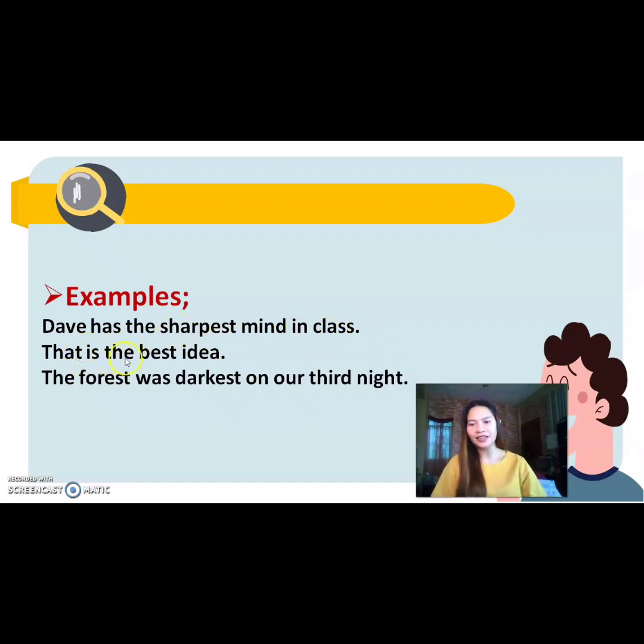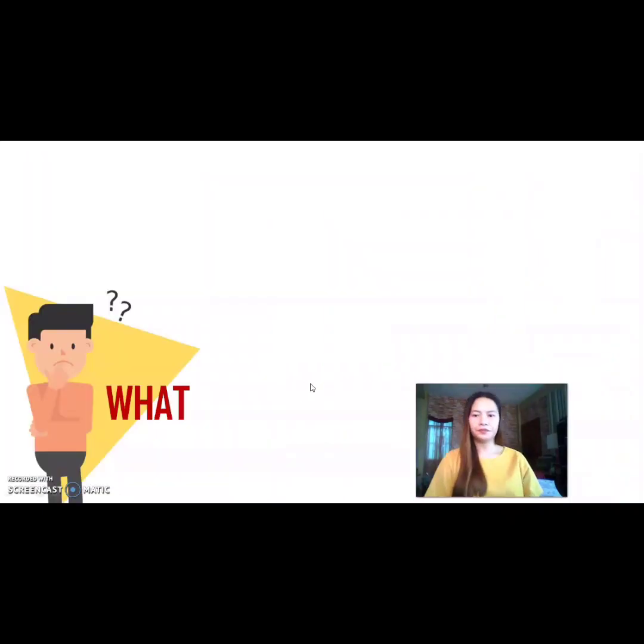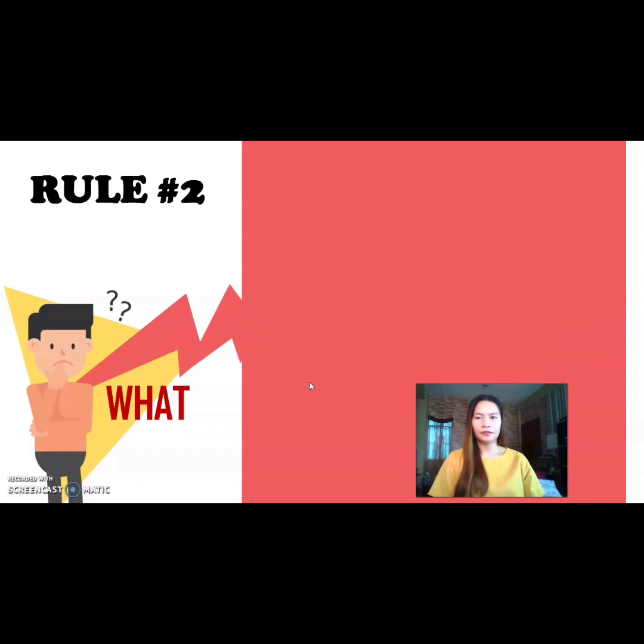Next, that is the best idea. Among all the ideas, they chose the best idea. The forest was darkest on our third night. So it is compared among more than one night passed. So we have rule number 2.